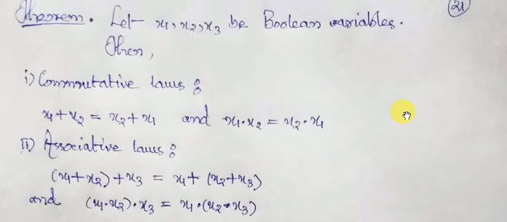That does imply the non-empty set B has consisted of some elements other than 0 and 1.